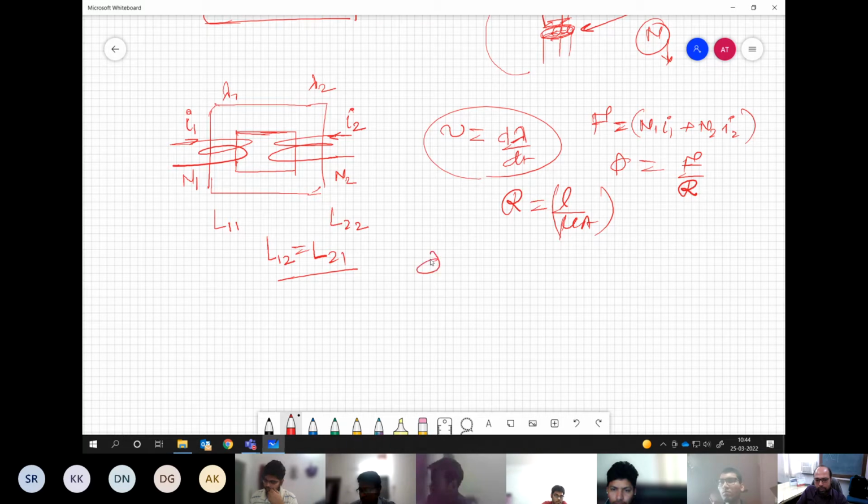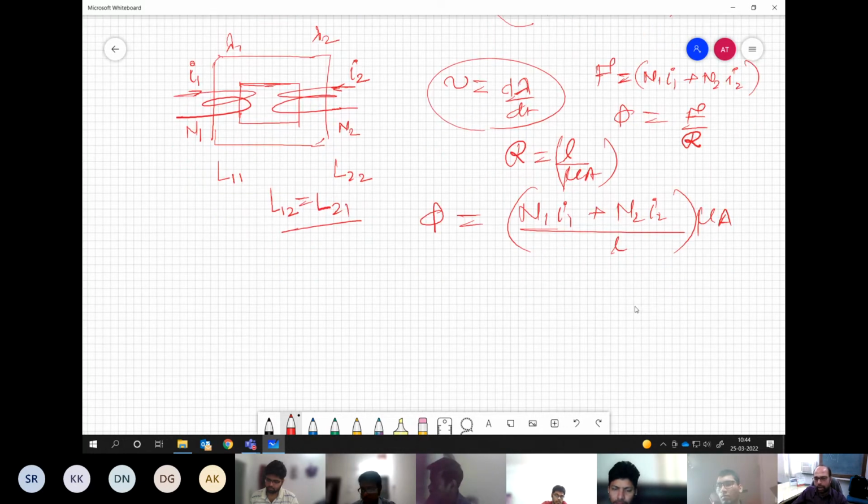Now this flux can be written as N1 I1 plus N2 I2 divided by L times mu A. This is the flux flowing in the magnetic core.